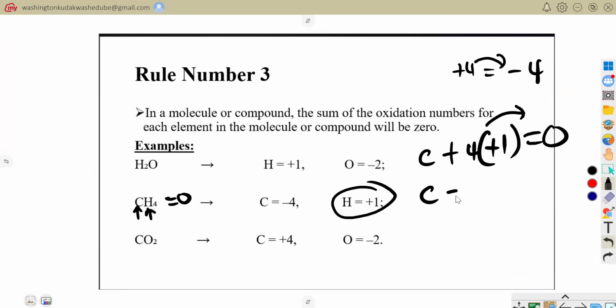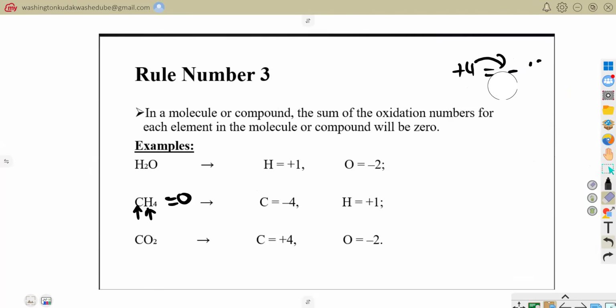So carbon will have negative 4, so that at the end of the day the overall oxidation number within this compound is equal to 0. That is what rule number 3 is saying: if you have a molecule or compound, the sum of the oxidation numbers for each element in that molecule or compound has to be equal to 0. Same as for carbon dioxide.